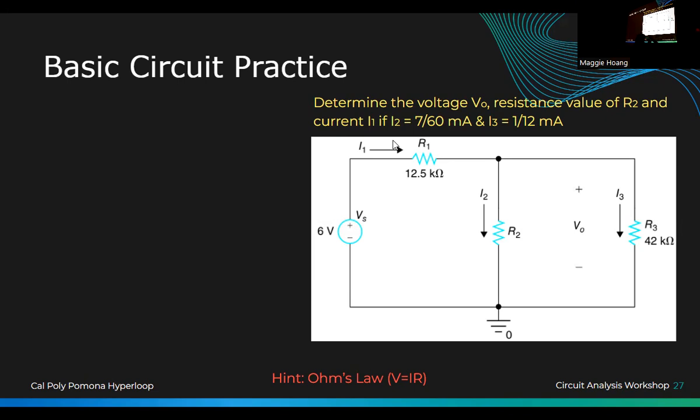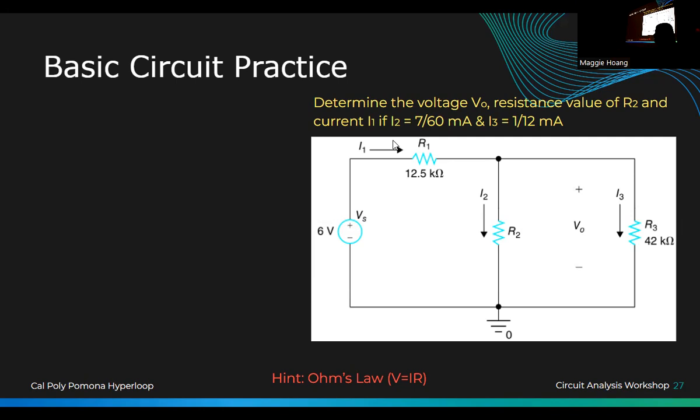So the voltage between that corner point and the node is not 6 volts. You're saying the voltage across R1 is 6 volts, but it's a different value. I haven't measured it yet.